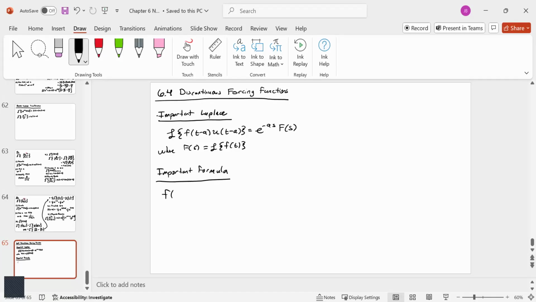So if f of t is equal to g of t for 0 to a, and h of t for t greater than a, then as a step function, this is going to be equal to g of t minus g of t times the step function at a plus h of t, and that's going to be times u of t minus a, right?